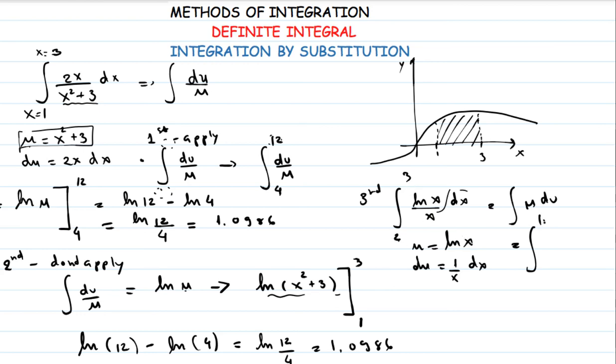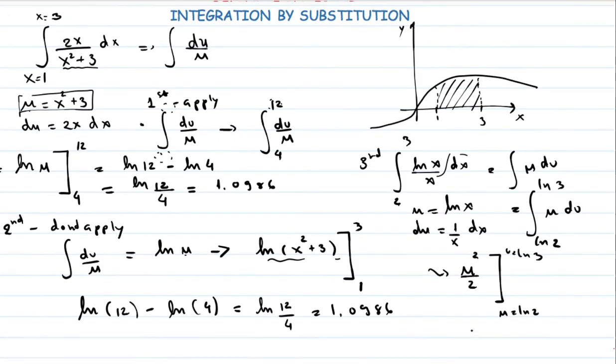So it's going to be the integral from natural log of 2 to natural log of 3 of u du. And if you come here, this is going to be u squared divided by 2, from u equal to ln 2 to u equal to ln 3. Fine.